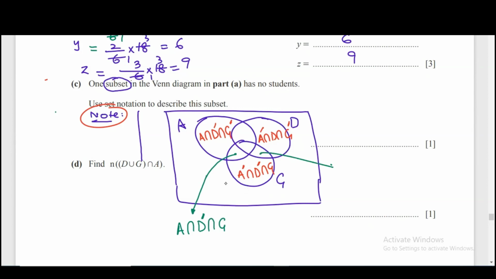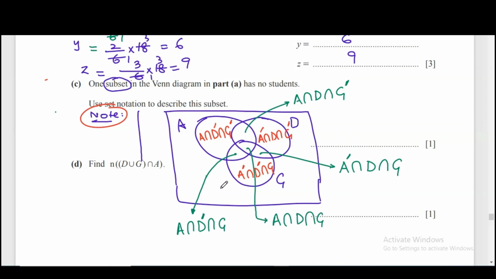This region is A intersection D intersection G, and it is also beyond set A, so this is A complement because A is not here. What about this? This region is also beyond set G, so mark G complement. And this is the common region, A intersection D intersection G here.